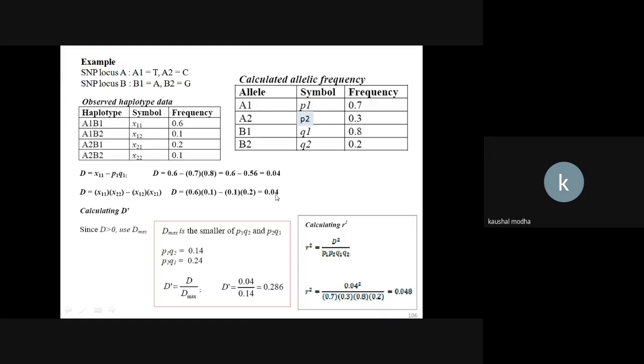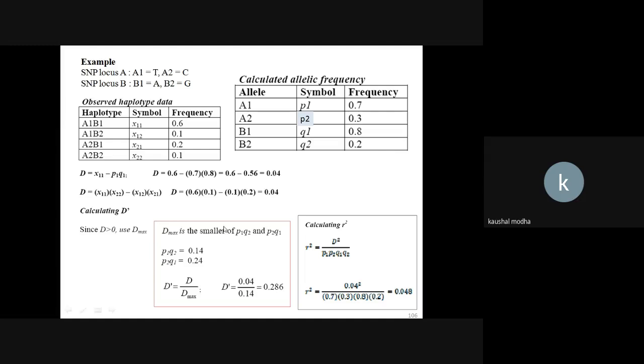Now the D value is greater than 0, it is 0.04. So now we'll calculate the normalized D value, which is D divided by D max. And D max is the smaller of these two. So we multiply P1 and Q2: 0.7 multiplied by 0.2 is 0.14. P2 and Q1 is 0.24. Which one is the smaller? This one, P1 Q2. So 0.04 is divided by 0.14, it is 0.286.